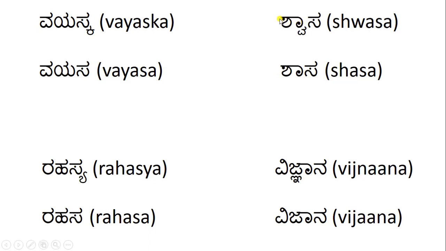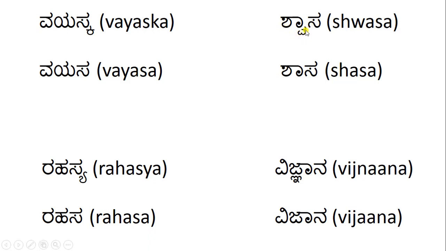So shwasa is written like this. We write the symbol for va, and va is written like this. We write sha because we cannot write va. But when we pronounce it, it would be shwasa.